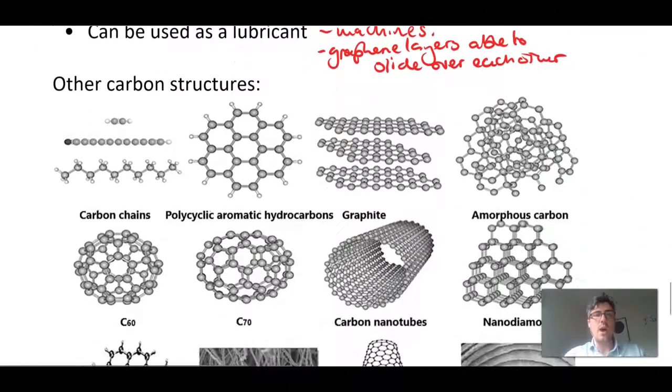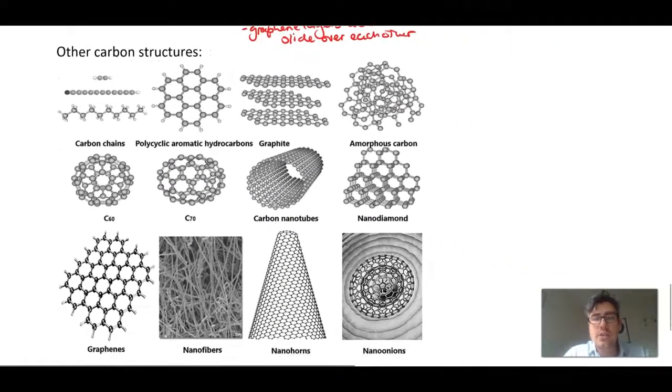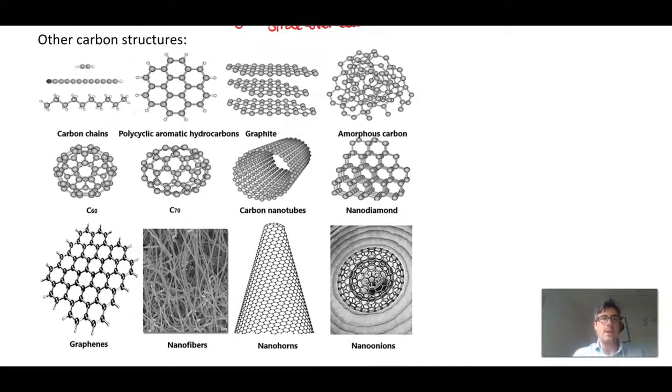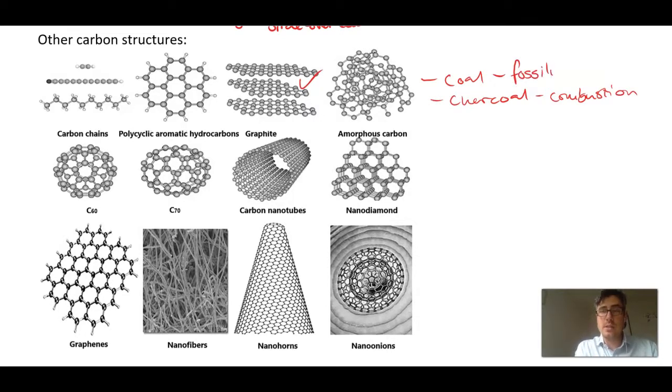Lastly, we've got the other variations of allotropes, for carbon that is. So we've talked about graphene already. There's also amorphous carbon. That's something like coal, okay, or charcoal, and that's formed probably a lot quicker through combustion. And coal is obviously made through fossilization underground.